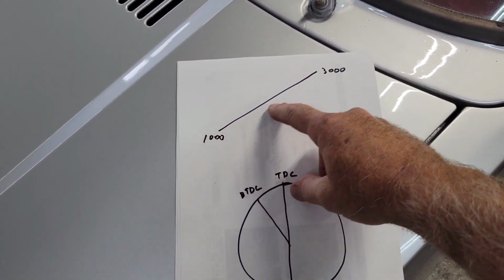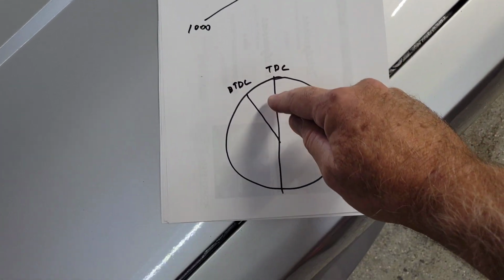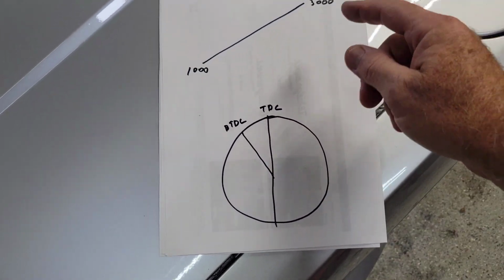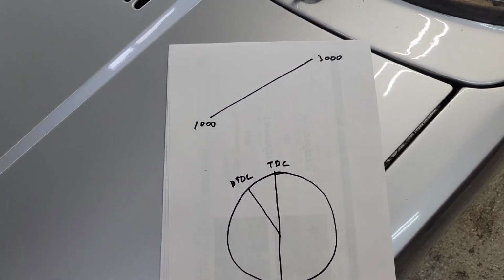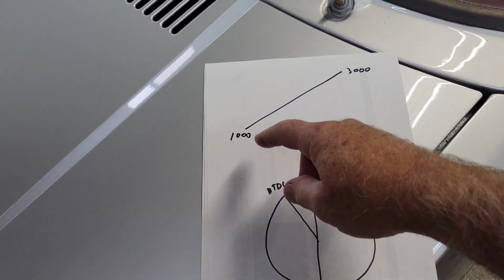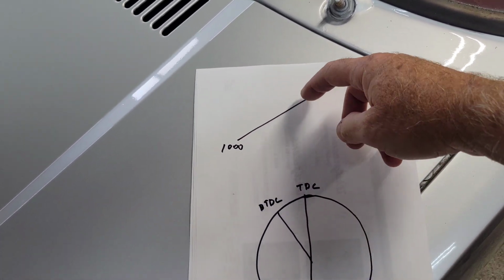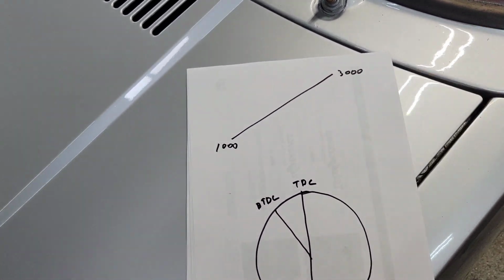You don't know, because your engine demand is like this. As your RPMs go up, you need more timing, just like I showed you in this diagram. This is your actual engine demand. But the vacuum advance goes up and down like this to get to that.